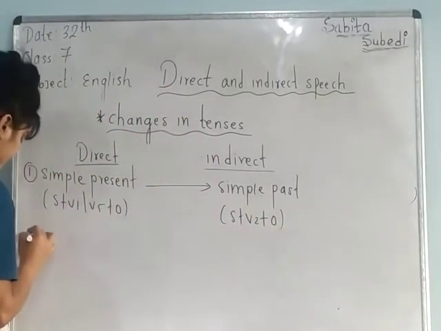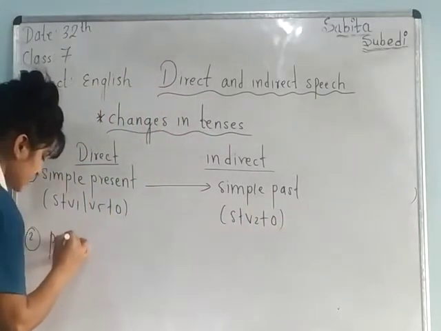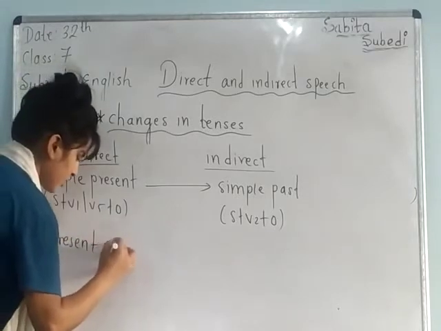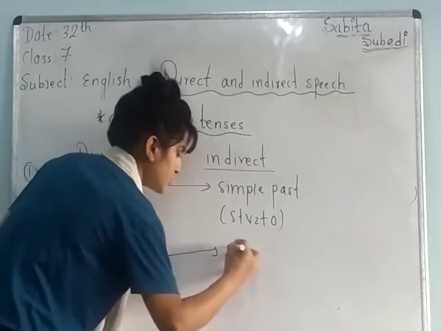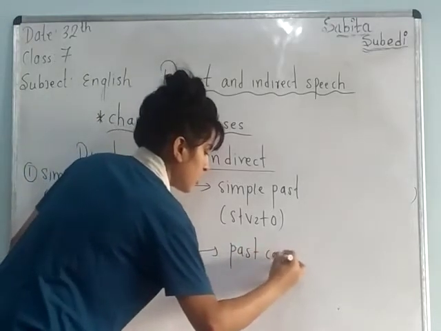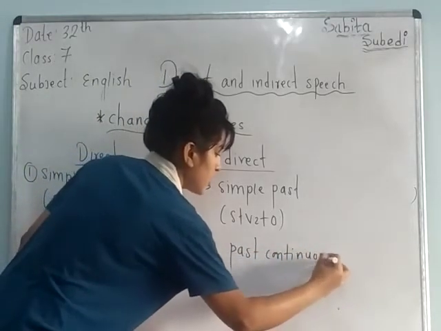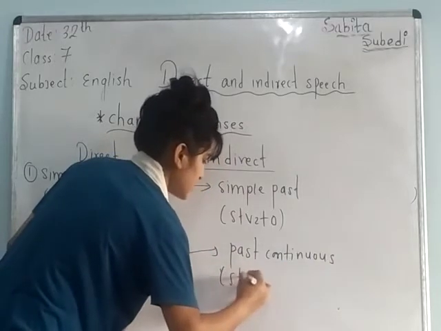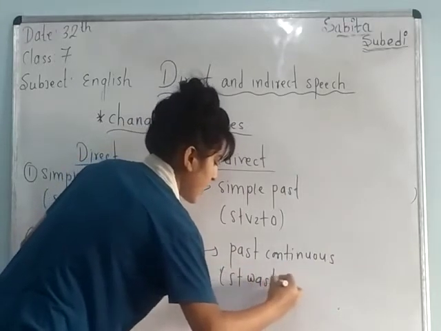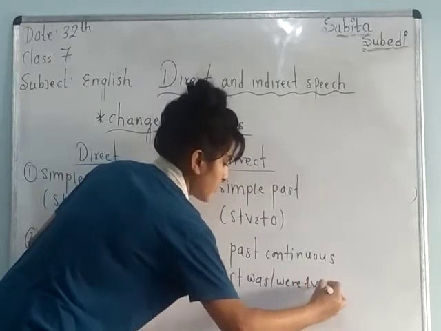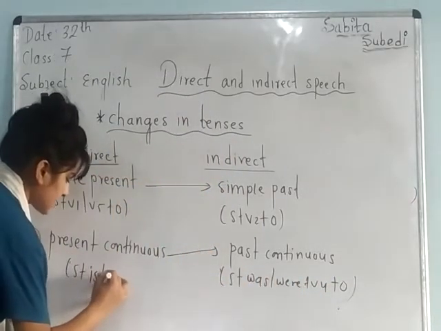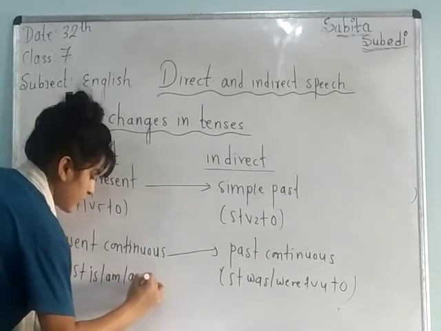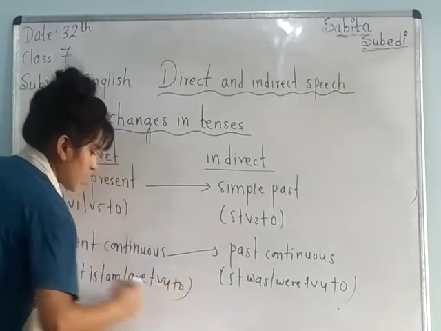Similarly, number two, present continuous changes into past continuous while changing into indirect. So there should be was, were plus verb ing plus object, from subject plus is, am, are plus verb ing plus object.